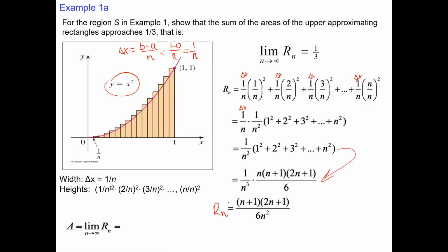You may pause the video and answer: 2n times n, 2n squared versus 6n squared, 2 over 6, 1/3. Yes, we proved it. It's quite a long process, but this is the process of finding the antiderivative through the limit definition. We will put everything together in the next section, but this is the nice introduction.